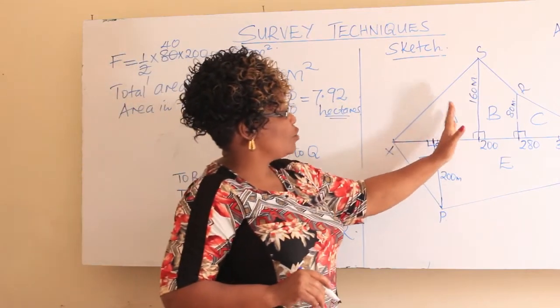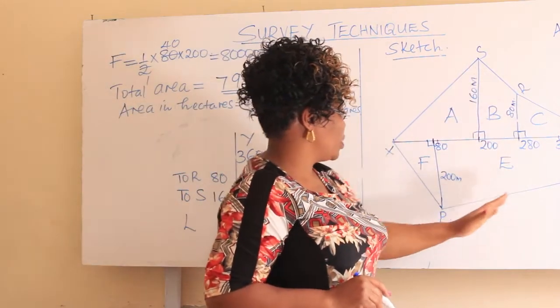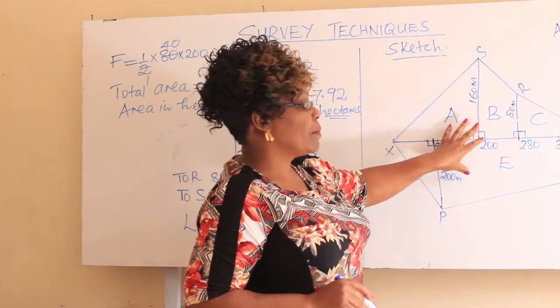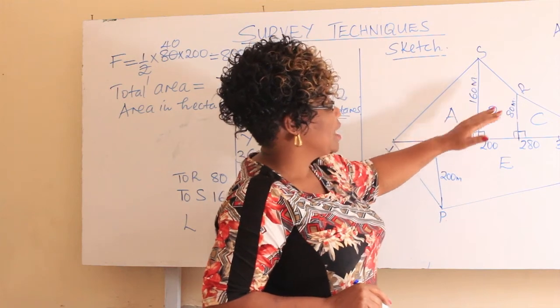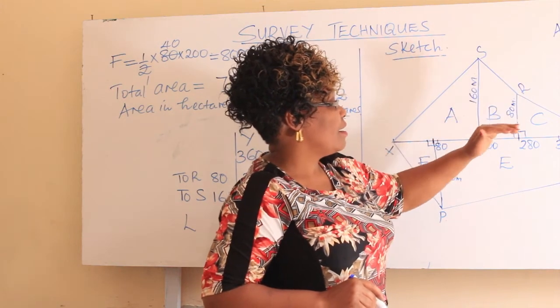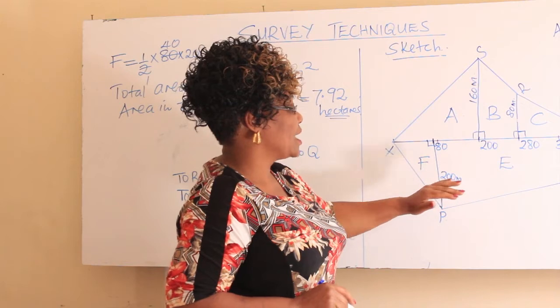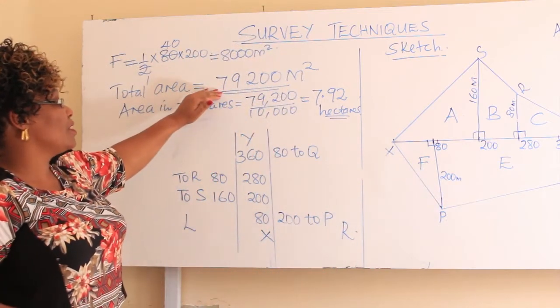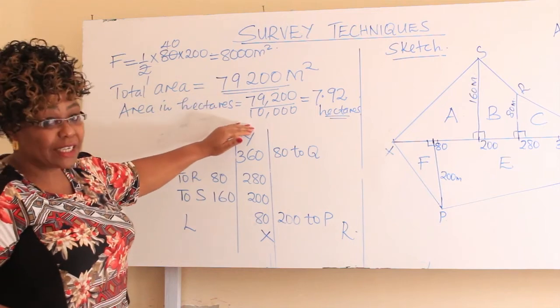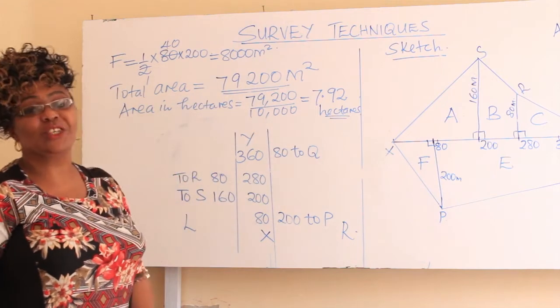Finally, you join all those points, you come up with the shape of your piece of land, then you calculate the areas of these plane figures. Finally, you add all of them to get the total area, and so you divide by 10,000 to convert into hectares.